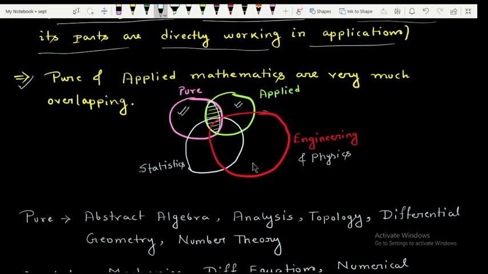Also there are several parts which are included in statistics and engineering and physics also. So we can use this term, there is some interdisciplinary concept out there.